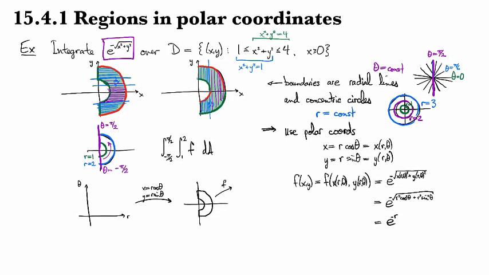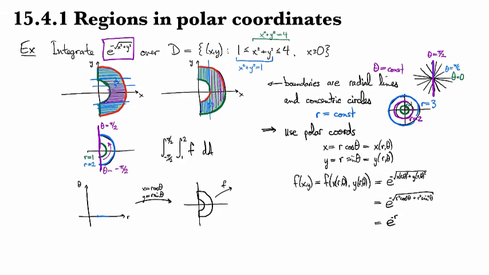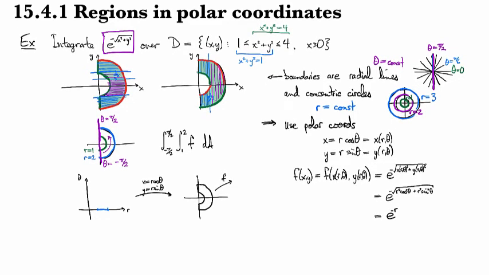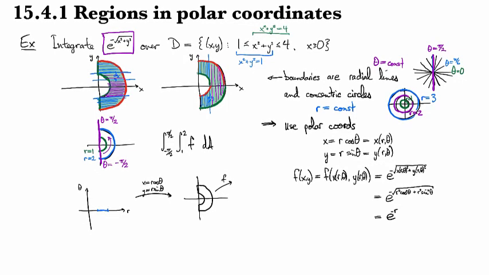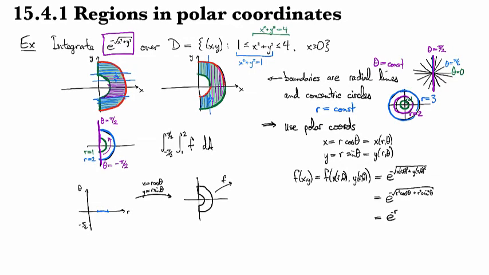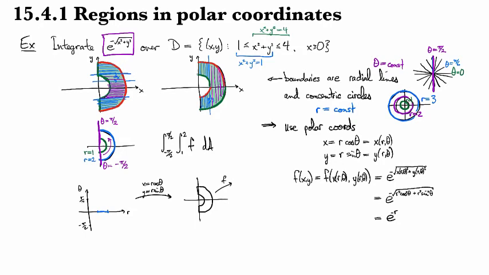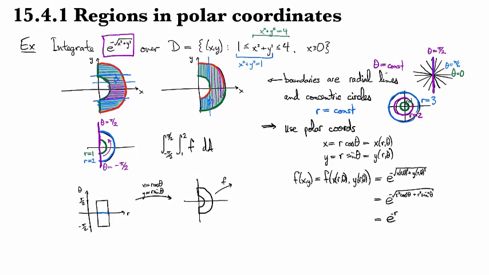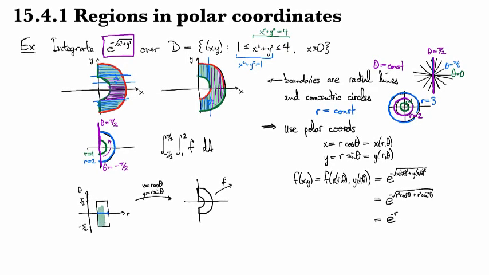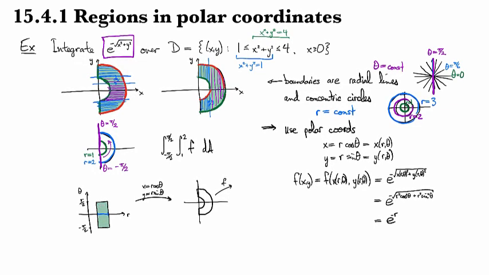And so we've got r going from 1 to 2, and theta is now going from minus pi over 2 to pi over 2. Look at that. It's a rectangle. So we're actually secretly integrating over a rectangle when we use this change of coordinates.